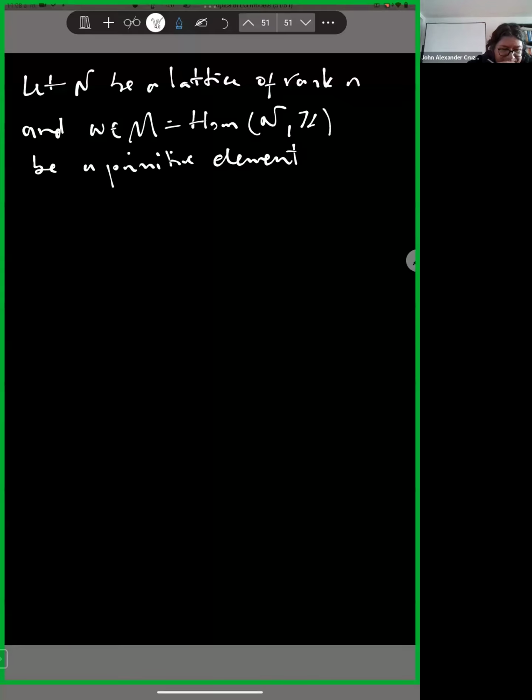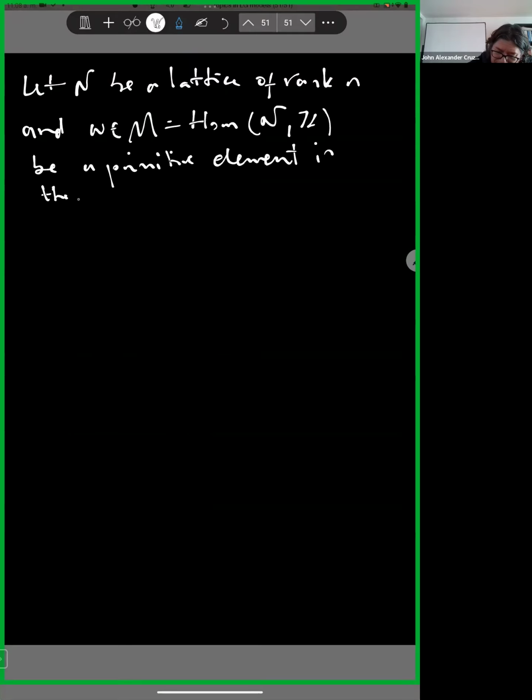And take an element in the dual lattice, M, which is the dual lattice, a primitive element.